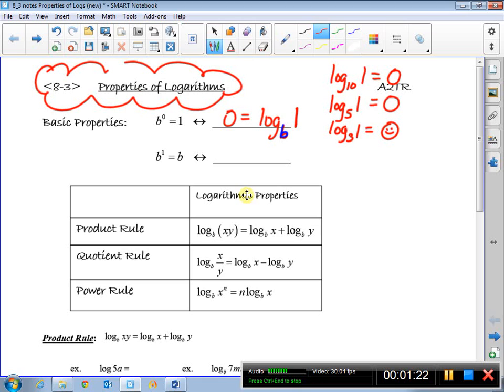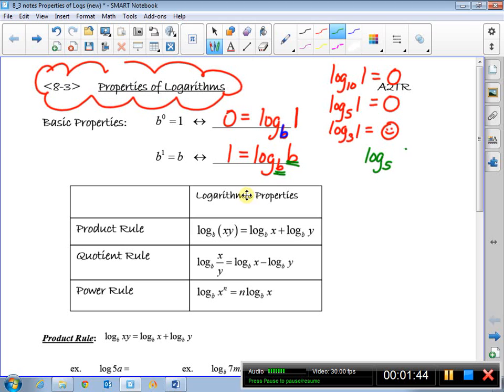This second one down, we've seen before. Of course you know that b to the first power equals b. Let's write that in logarithm form: 1 equals log base b of b. So this one says that if our base matches our number, that logarithm will always equal 1.